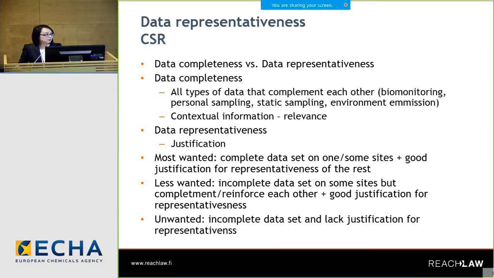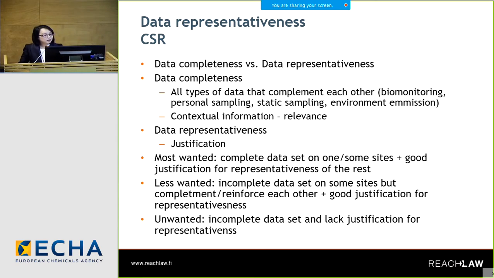Another example is how far away the static sampling was taken from the point of source, just to see whether it is relevant. So these are the two things to make data complete.